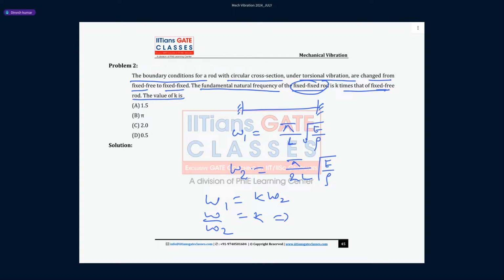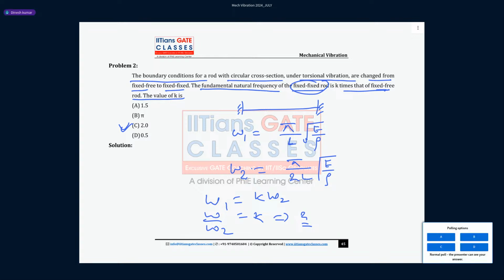It is 2. Correct. So 2 is the answer. C is the answer. Everybody, is this question clear? Okay, so C is the answer.